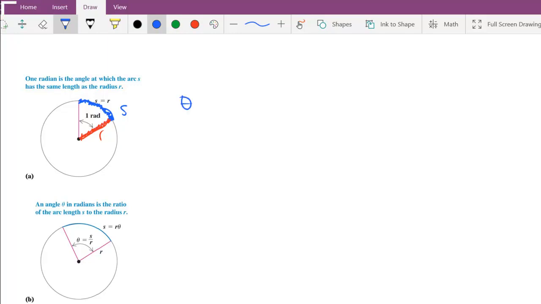When an angle is measured in radians, this is that arc length divided by the radius. So you can see here if the arc length is equal to the radius, so if S is equal to r, then we have the angle theta is equal to 1 radian.